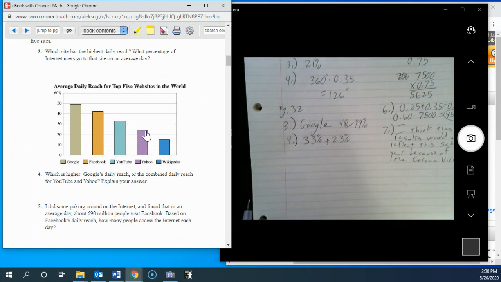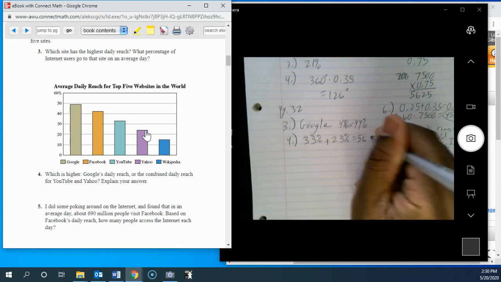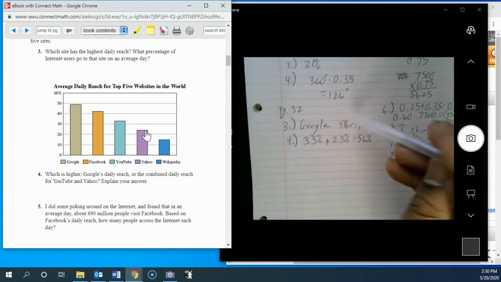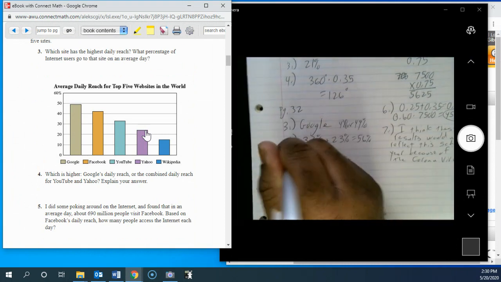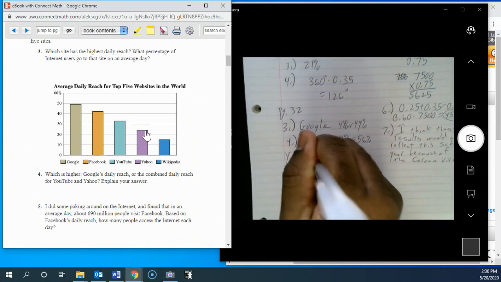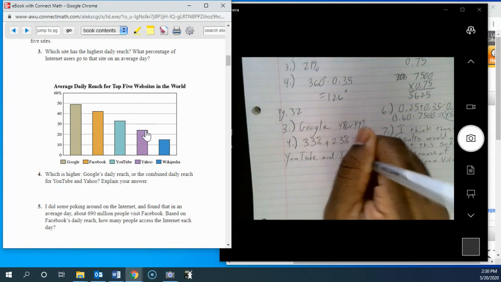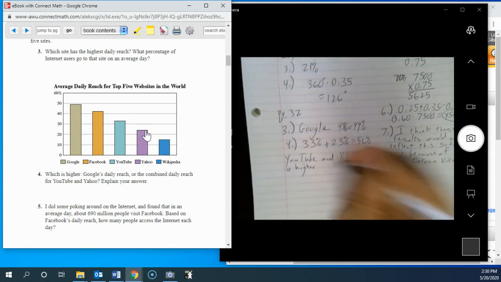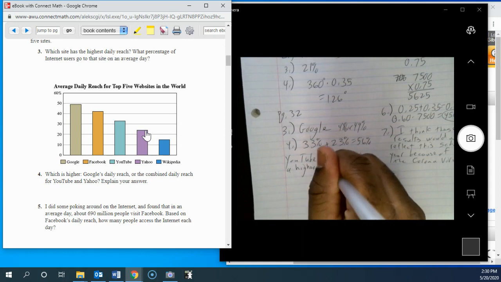So together, if we add those 2 together, that would be 56%. Now, we already said that Google is 48 or 49%. So basically, YouTube and Yahoo has a higher percentage.